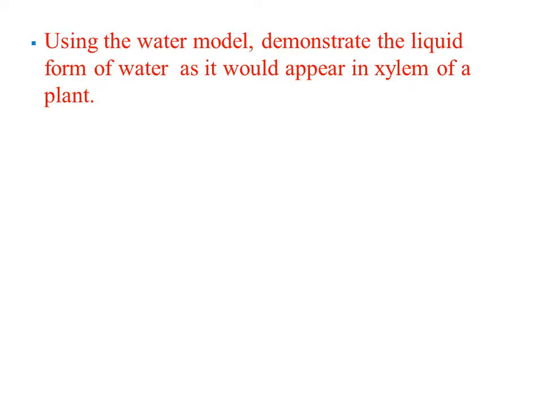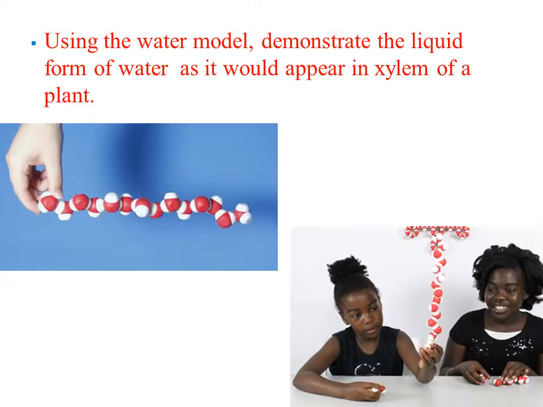Using the water model, demonstrate the liquid form of water as it would appear in xylem of a plant. Even kids can do it. You just line them up in a single file line.